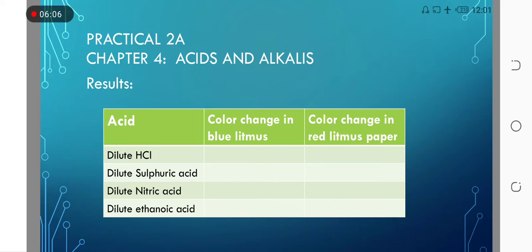In the last column we write the color change in the red litmus paper, and we will observe that after placing a drop of HCl, sulfuric acid, nitric acid and ethanoic acid on the red litmus paper, it remains red in color, so there is no change in the color of the red litmus paper.